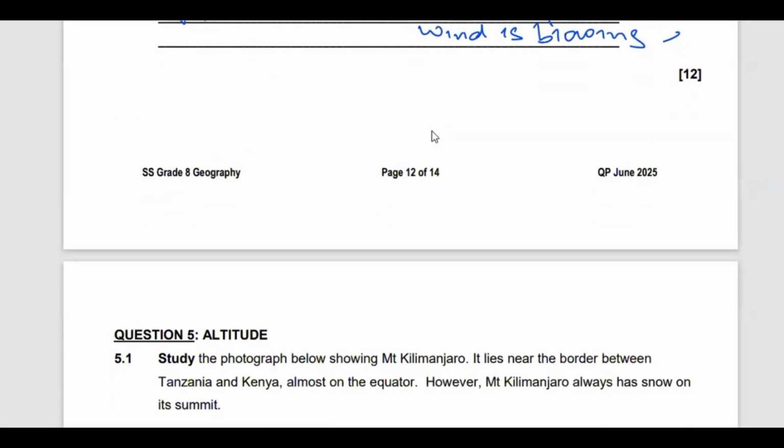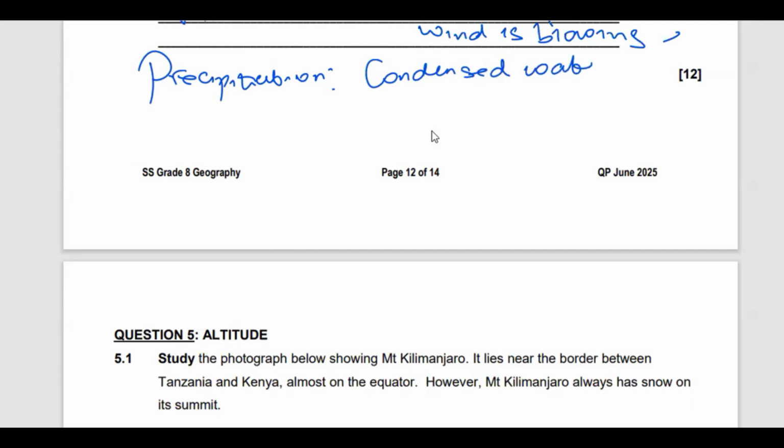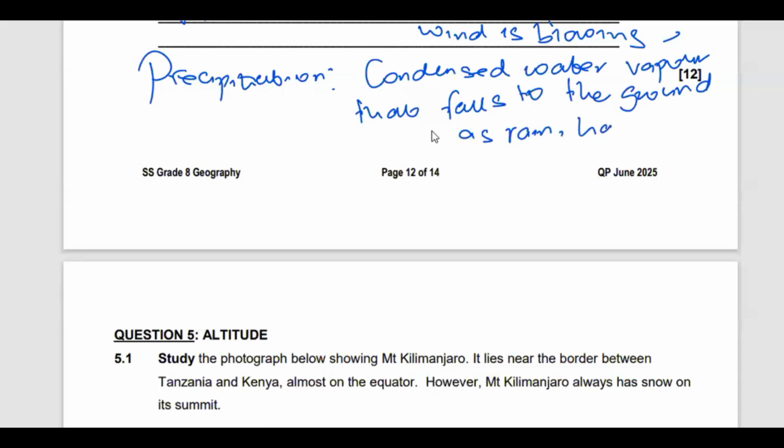And then precipitation, that is condensed water vapor that falls to the ground as rain, hail, and snow or sleet.